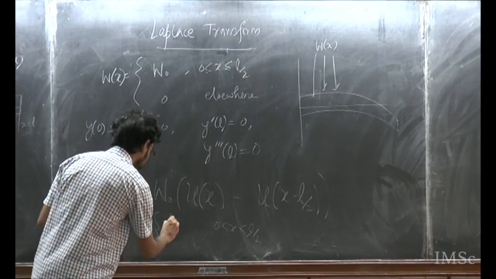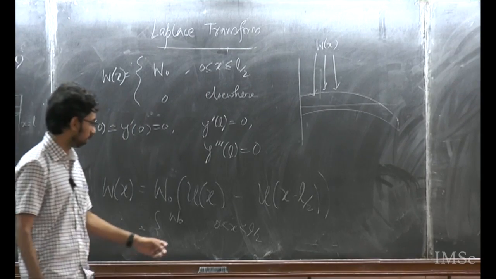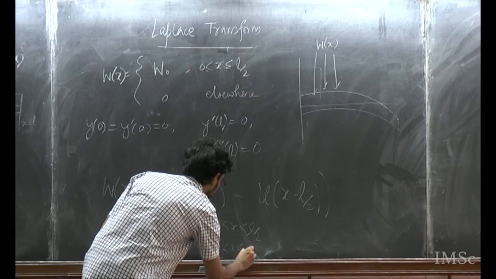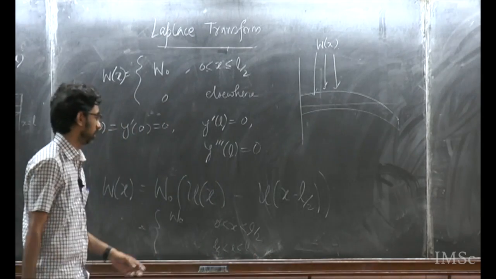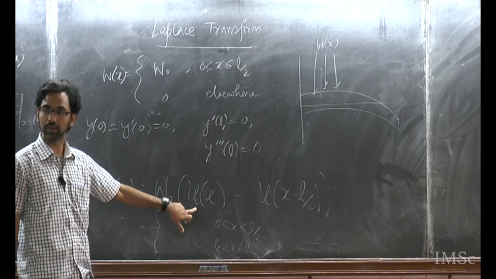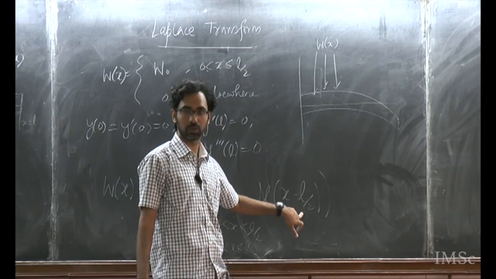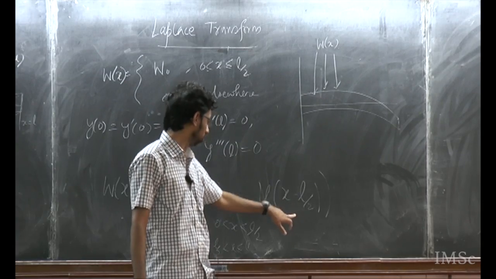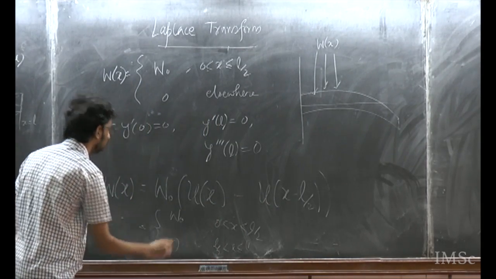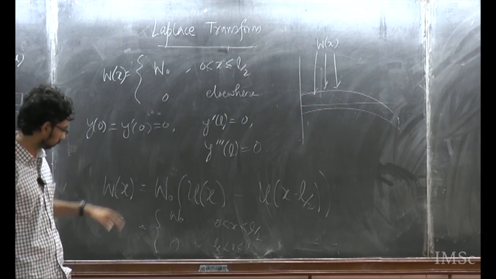So you get W naught. Okay? What is it after L by 2 less than or equal to x less than or equal to L? This part is still 1, and this is also 1, right? So 1 and 1 cancel out, and you get 0. And this is this function. Okay?